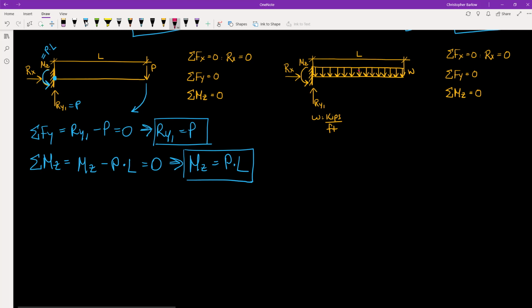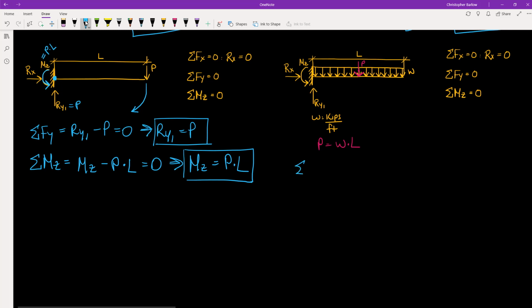Now our final problem. As before with our distributed load, we will start by making an equivalent point load at the centroid of the distributed load. And so that equivalent point load will be equal to the distributed load times the length.